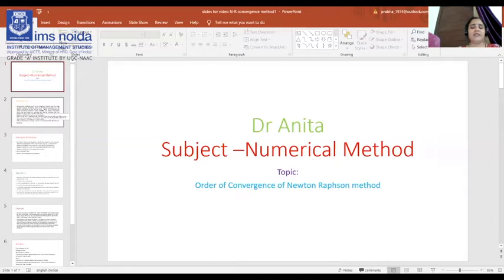Then only you can say that you have reached the finite approximation of the truth. Suppose you get A point B, C, D, E, F in the fourth iteration, and in the fifth iteration also you get A point B, C, D, E, F. Then only you can say that A point B, C, D, E, F is your answer.